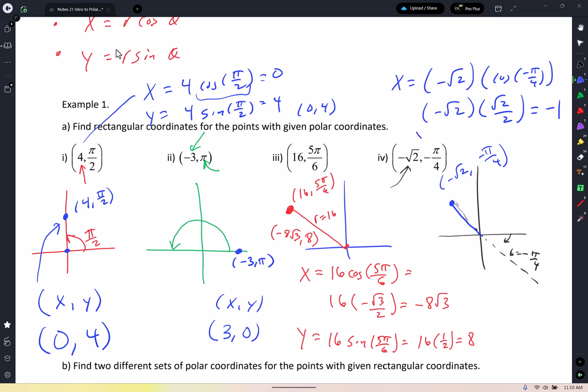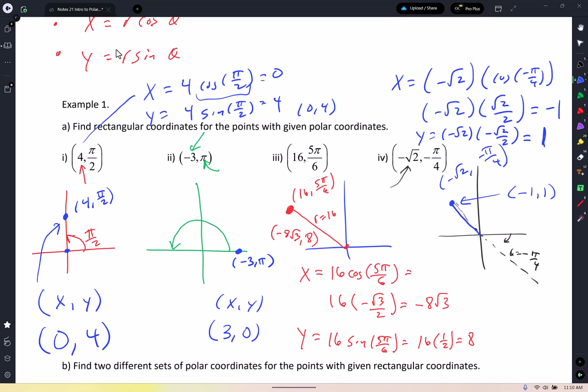The y value: y equals negative square root of 2 times sine of negative pi over 4, so that's going to be a negative square root of 2 over 2. Negative times a negative is positive, so 1. So that point is negative 1, 1.